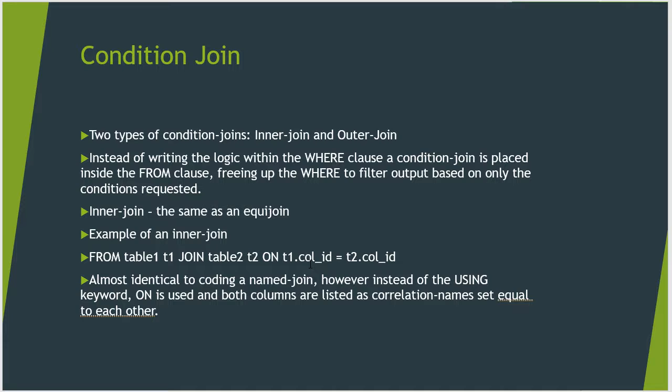So it's more exact. Anybody reading your code can see what column in which table and the column names that they're linked across. Normally, primary and foreign key pairs are spelled identical to each other, but not always. So throughout this class, we are using the condition join type.